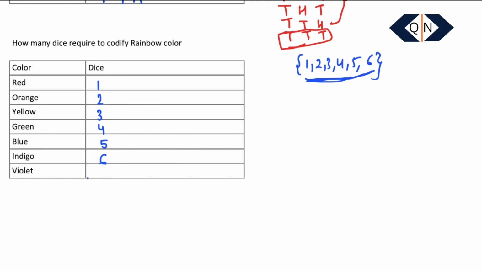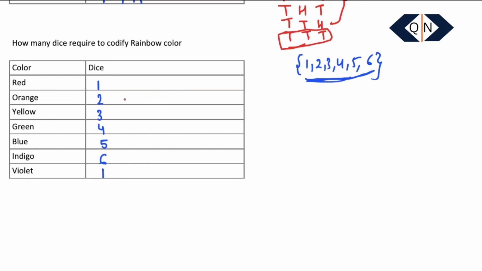Now I have only 6, but I am left with the violet color. So I will again repeat 1. But red has 1 and violet also has 1, so there will be quite a confusion. Can we take another dice?